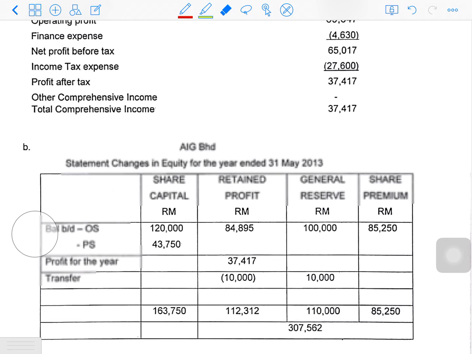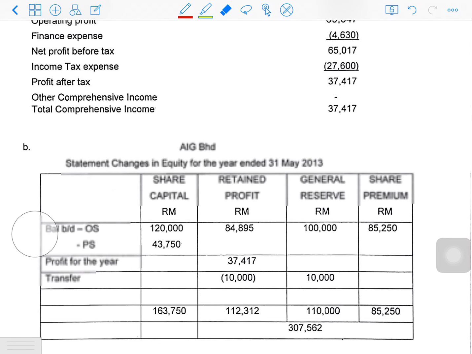The same thing with the statement of financial position, where you have to prepare the skeleton. Non-current asset, plant and property, current asset, the reserve, and the current liabilities.